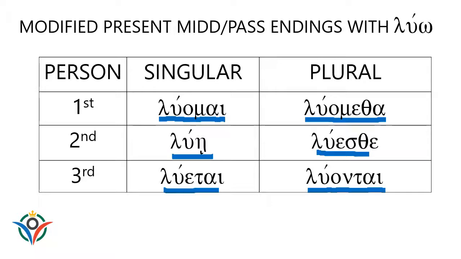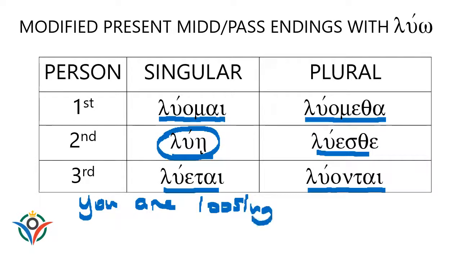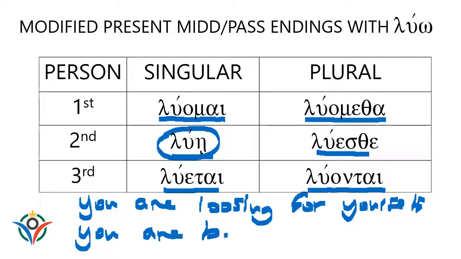So let's say, for example, we have lu a in a verse. We would translate it with the middle voice as you are loosing for yourself, and with the passive voice, you are being loosed.